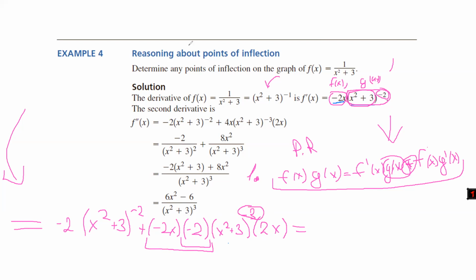Can we just bring this term inside the brackets? Oh, we have to get rid of the powers first. We cannot get rid of the powers. The only thing we can do with powers, if they're negative, is flip them over.